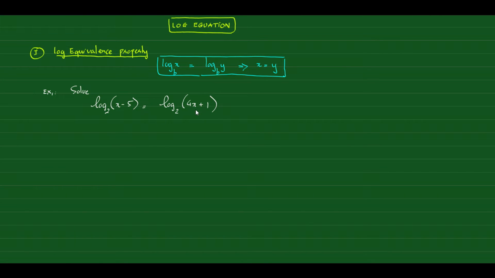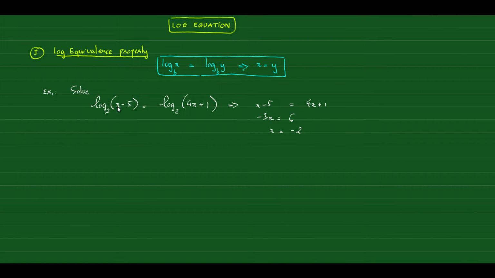So because the base is the same, I can imply that the arguments are equal to each other. The argument here is x minus 5 equal to 4x plus 1. Go ahead and solve this. This is very basic and gives you negative 3x equal to 6, and x equal to negative 2.